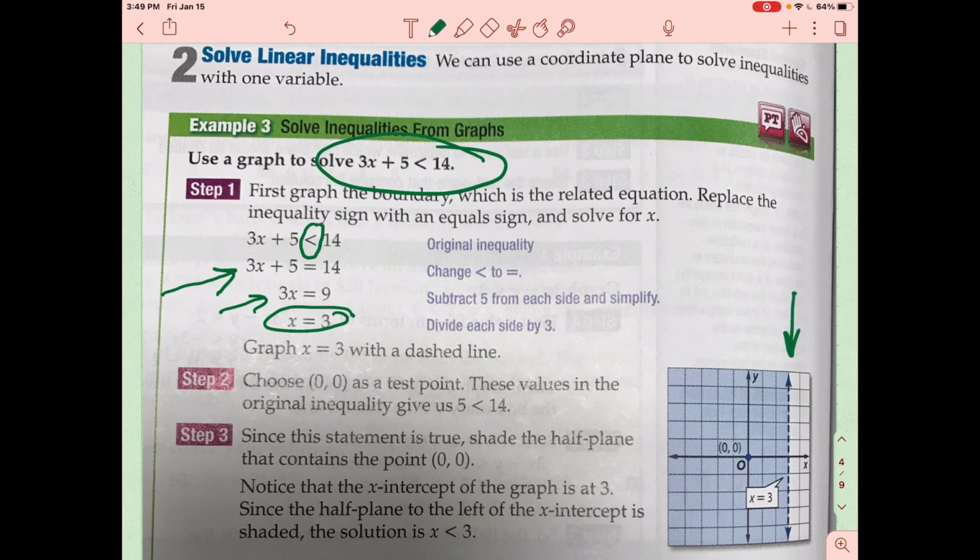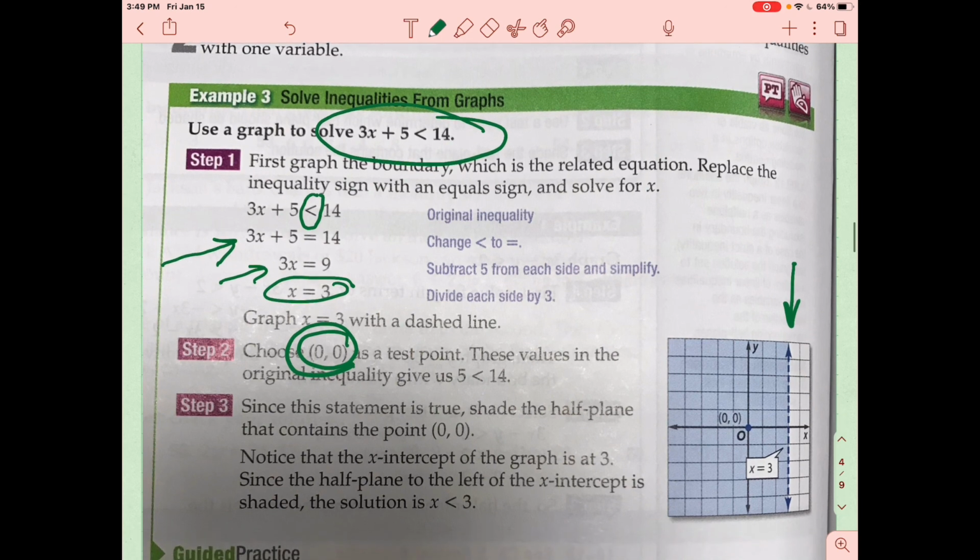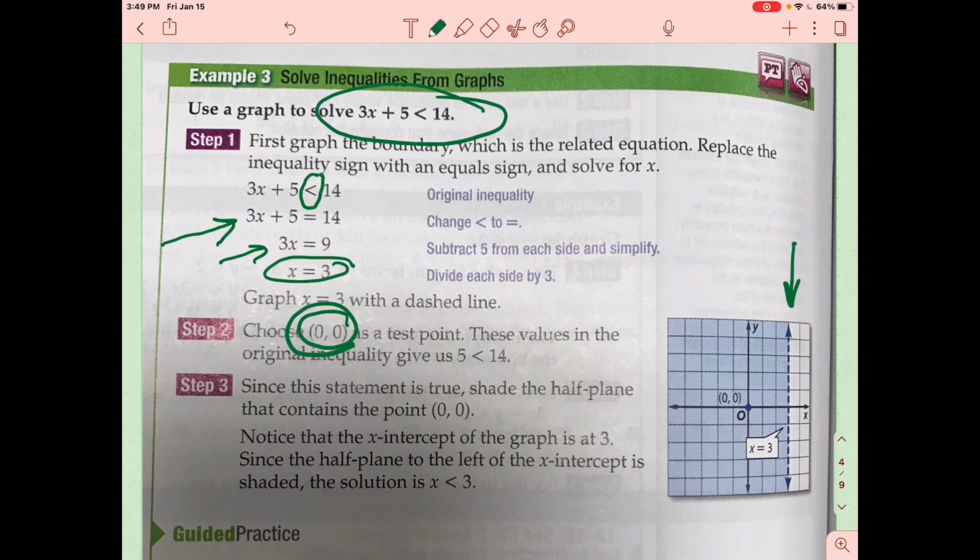And then they use a test point 0 and 0. They find out that it is indeed true that that works. If we plug it in, what we end up with is 5 is less than 14, if we plug in the 0 for x.